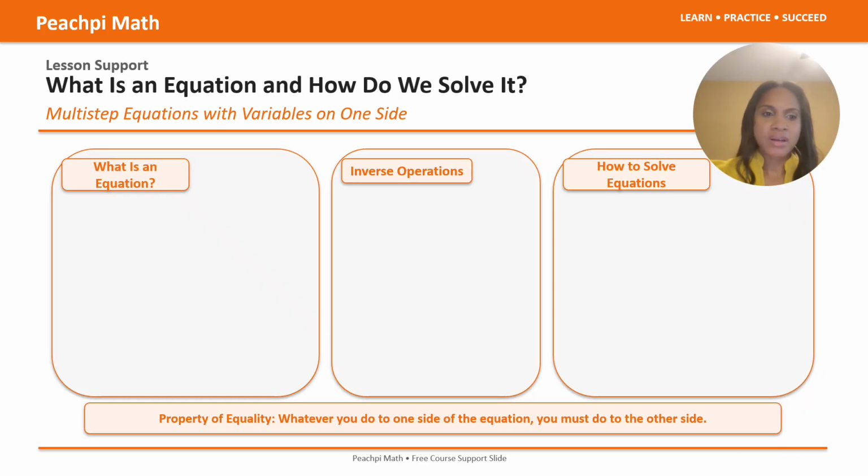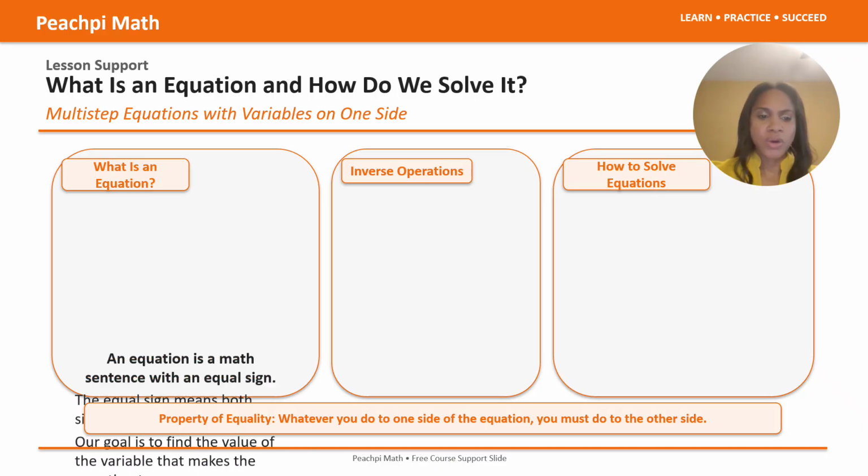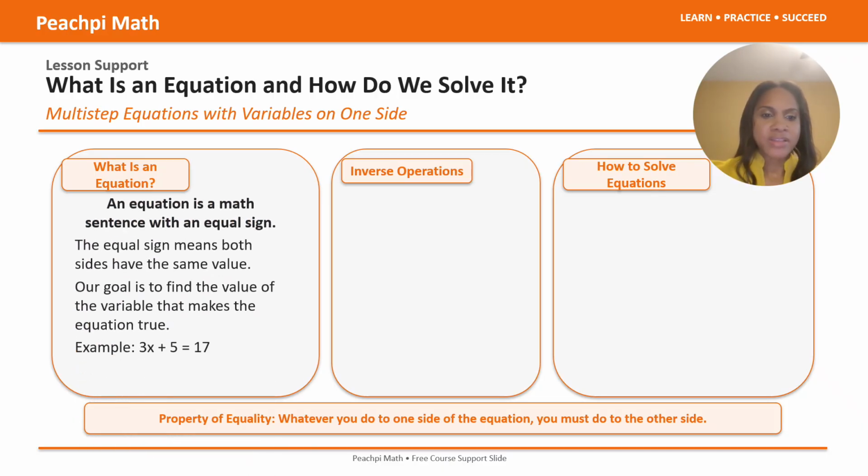So first, let's take a look at what is an equation and how do we solve it. An equation is a math sentence with an equal sign. So hence equation. The equal sign means both sides have the same value. And our goal is to find the value of the variable that makes the equation true. In our example here, we have 3x plus 5 equals 17.